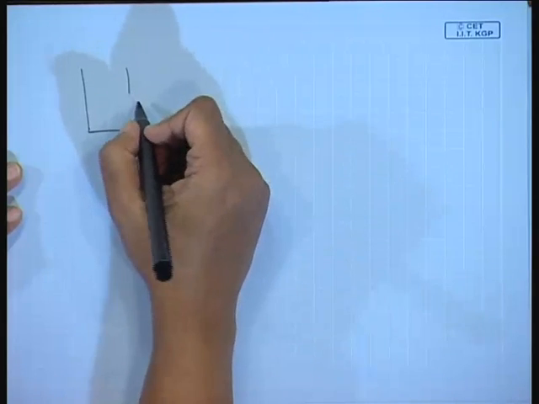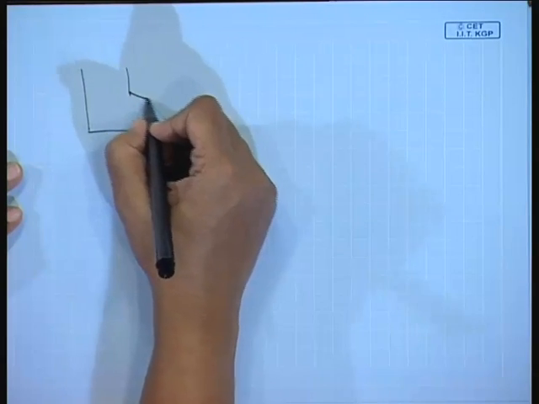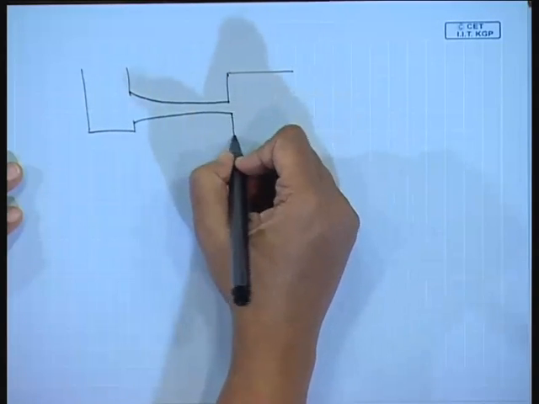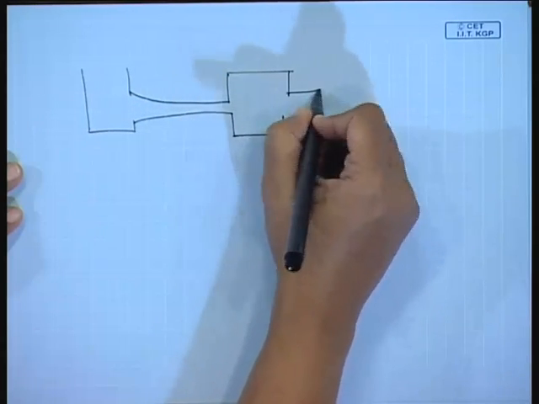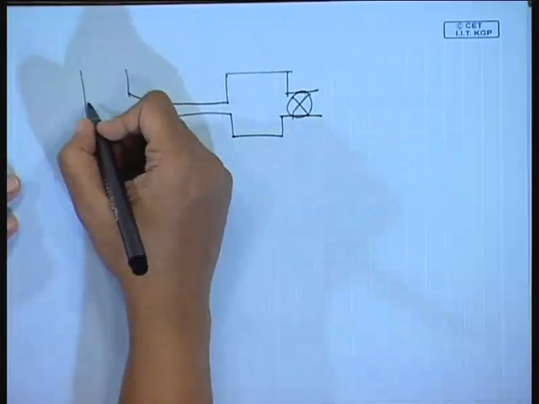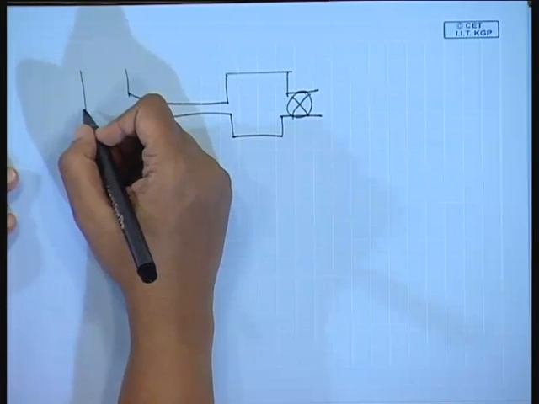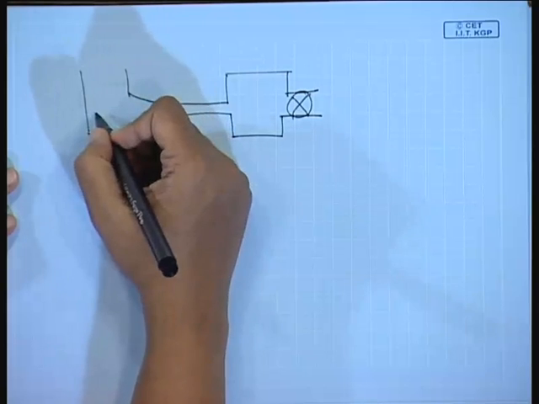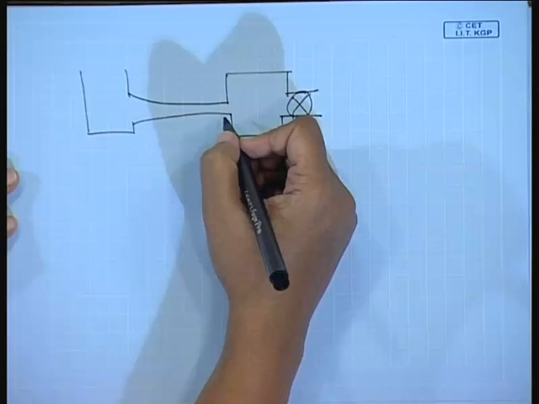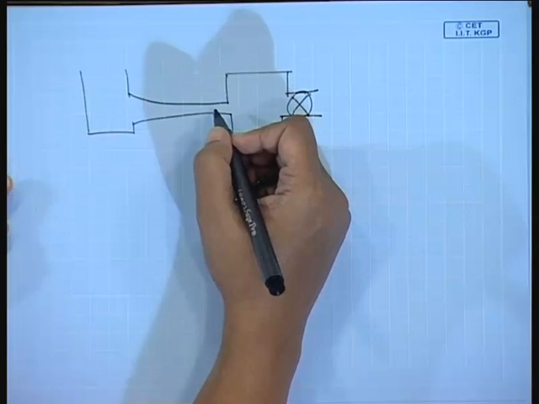Suppose from a very large reservoir the flow has initiated in a nozzle, and this is connected to a container which has a valve. Since the flow has initiated from a tank and is occurring under isentropic conditions, what do we know?